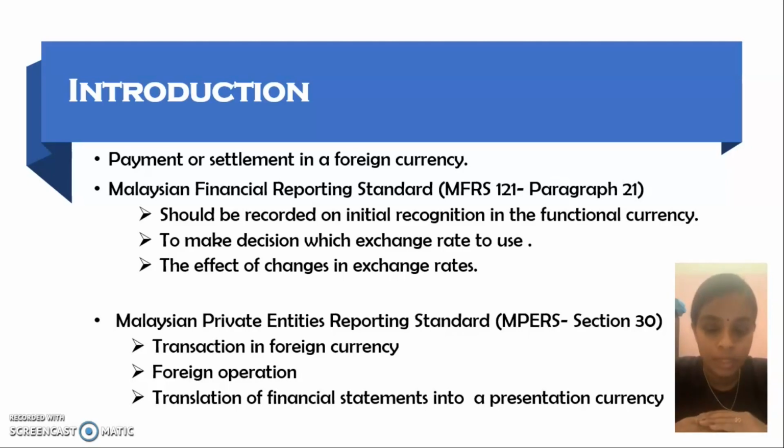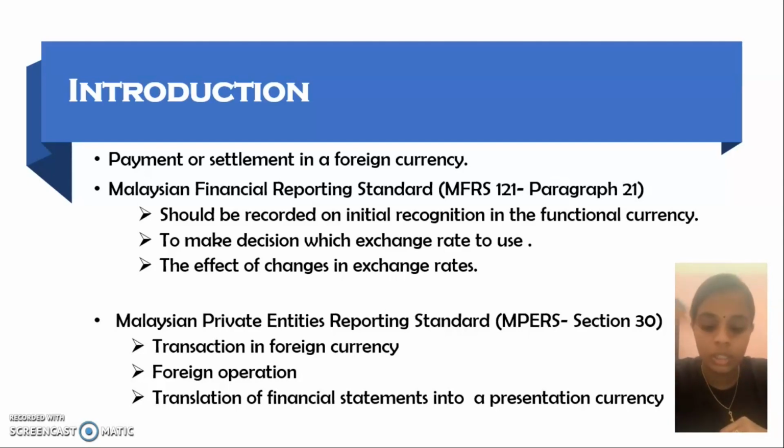Next is MPERS, based on Section 30, which is foreign currency translation. Based on MPERS, entities conduct their foreign activities in two ways: their transactions can be in foreign currency or foreign operations. They can also present their financial statement in a foreign currency.